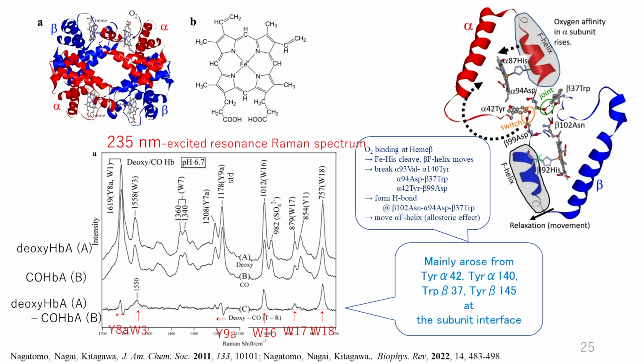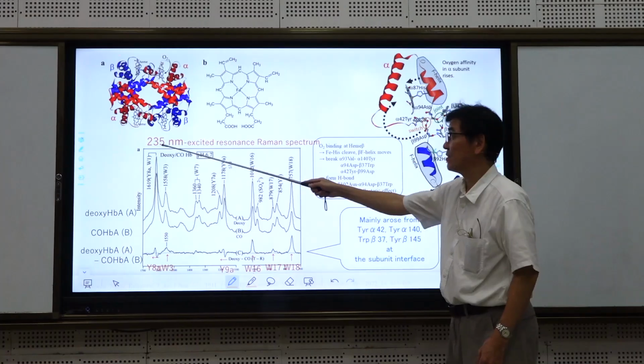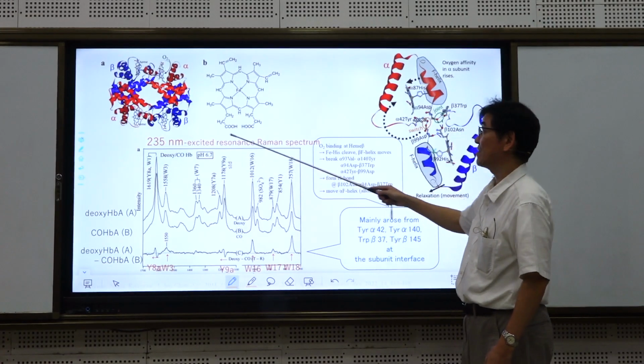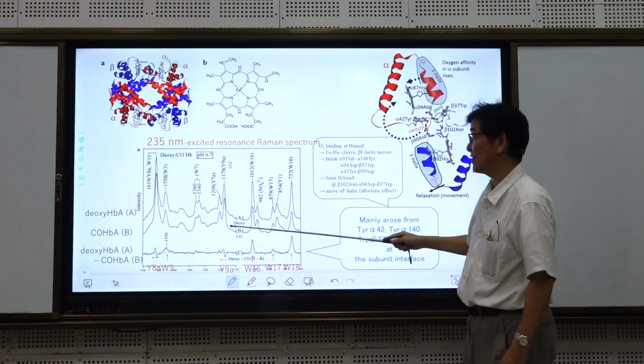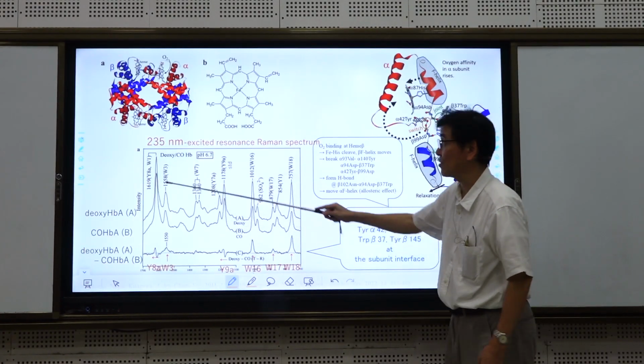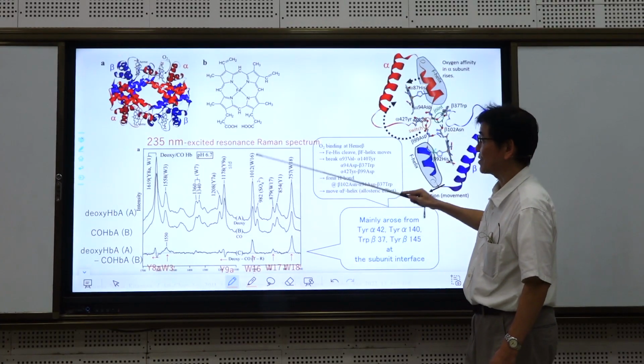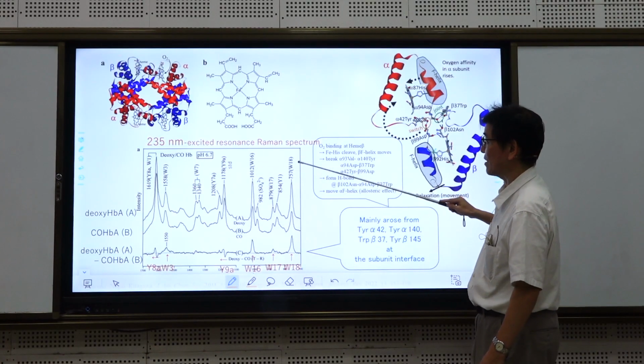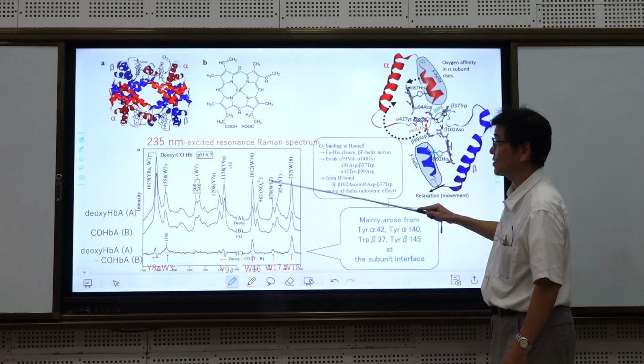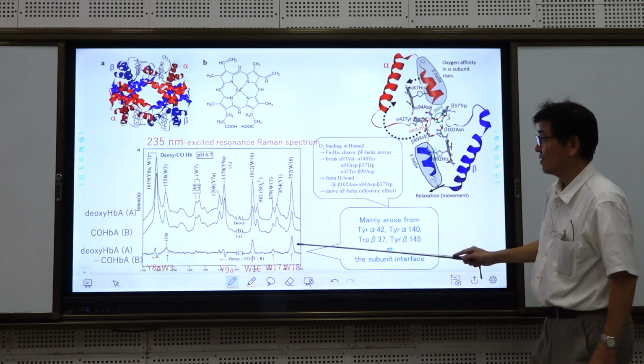Okay, this is the last slide. So they measured a 35 nanometer excited laser Raman spectrum, and they selectively detected the signal of the tryptophan, tyrosine, tryptophan, tryptophan.